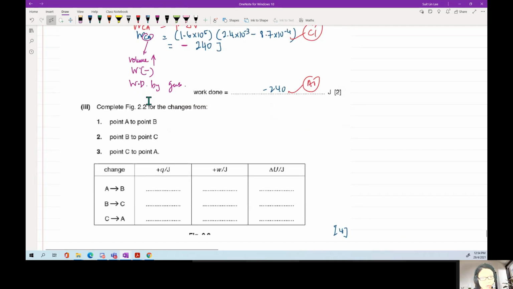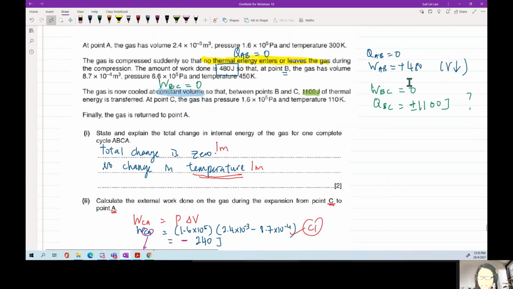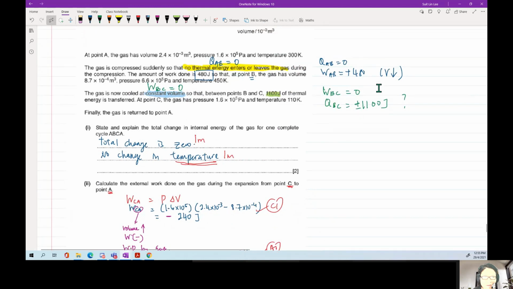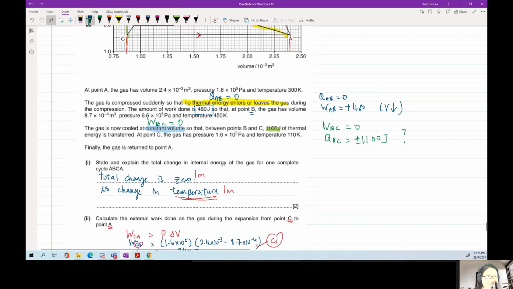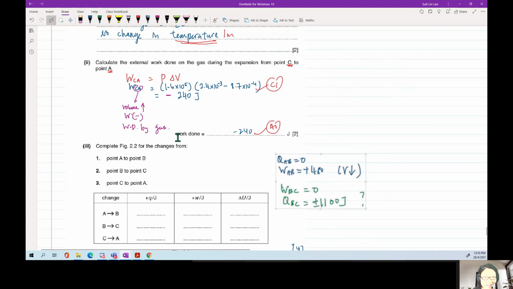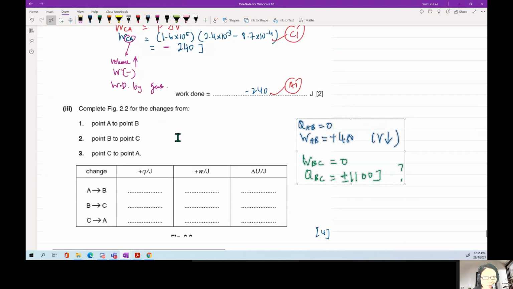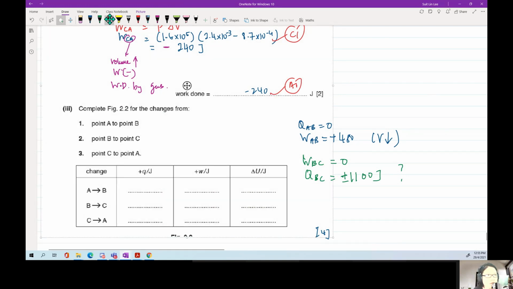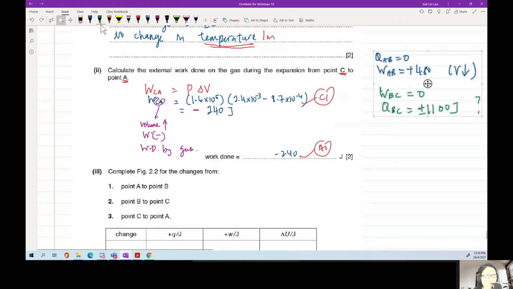Complete figure 2.2. My friends, we did harvest some stuff in our inventory here, right? Can we put them in first? I'm going to drag this down so we can stare at it. And we also have WCA. We put in what we know first. For AB, Q is 0.